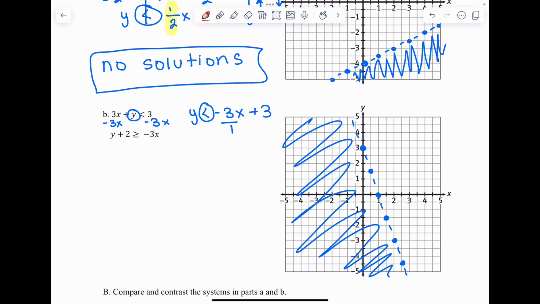For the other inequality, in order to get y by itself, I need to subtract 2 from either side. So I'll be left with y is greater than or equal to negative 3x minus 2. So this tells me that I start at negative 2, and I'm going to go down 3 and to the right 1.